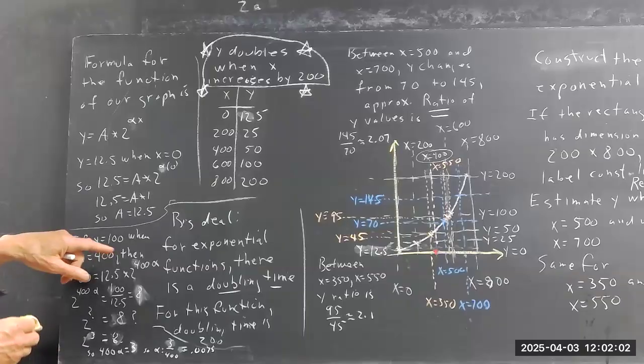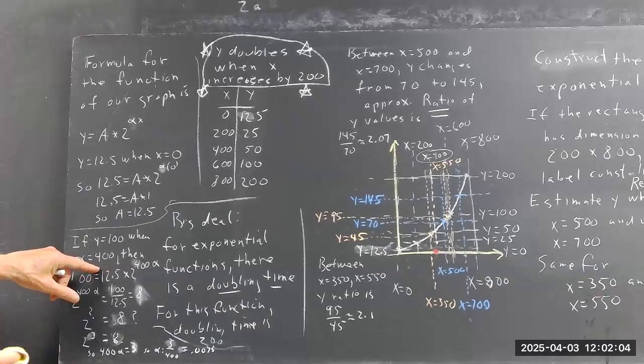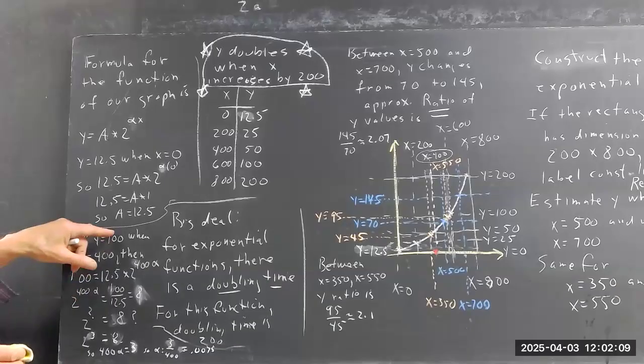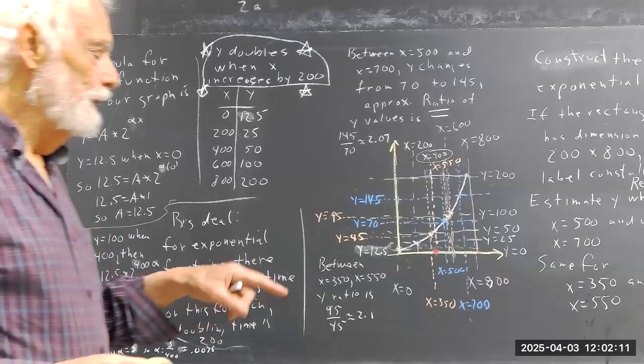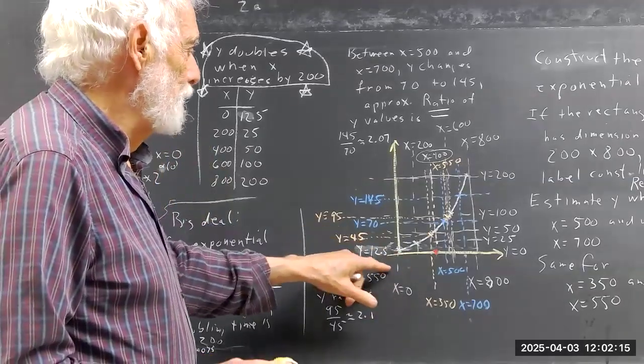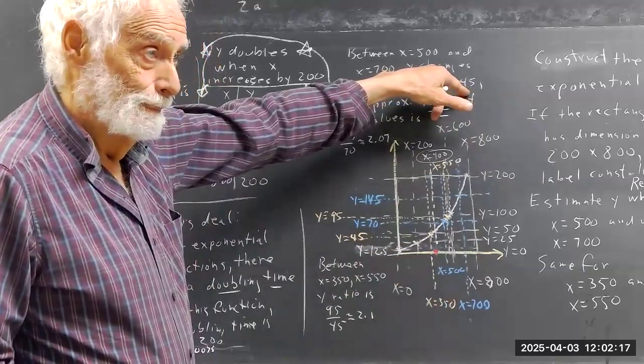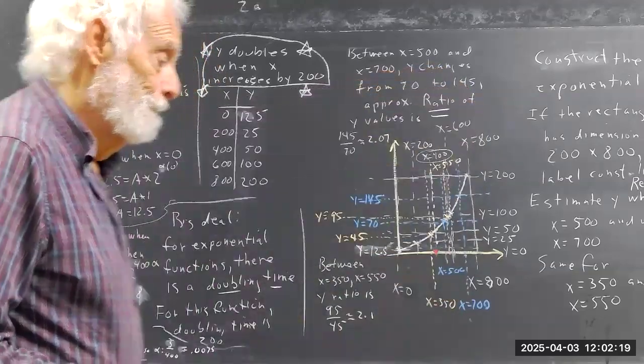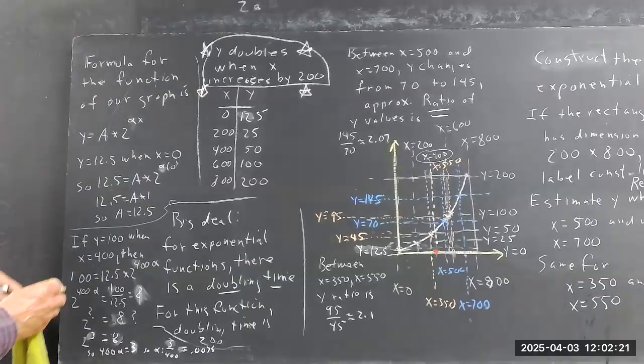Okay, so I said y equals 100 when x equals 400. That was a lot. What I got was the function if this had been an 800 by 400 rectangle, then that would have been true.